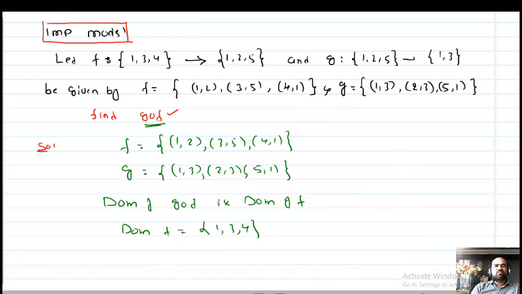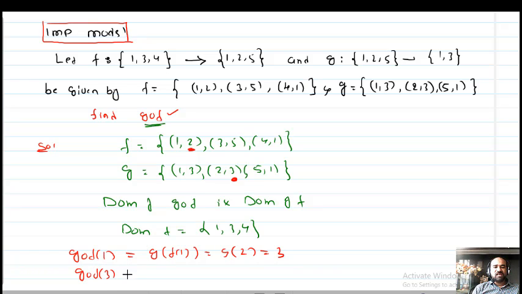Understood, students? G circle f of 1, according to the definition, is G of f of 1. f of 1 is 2 only. G of 2 means 3. So the image of 1 is 3 with respect to the function G circle f.